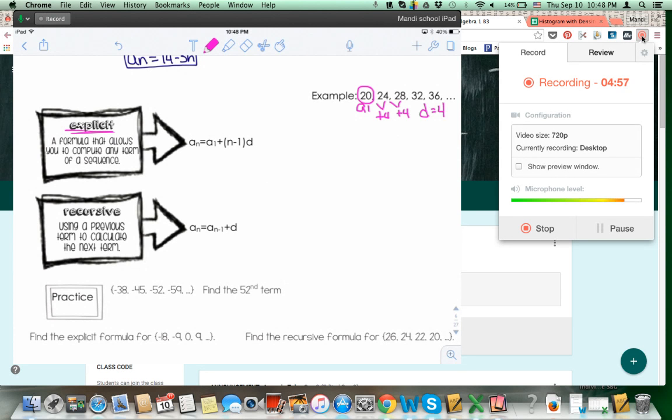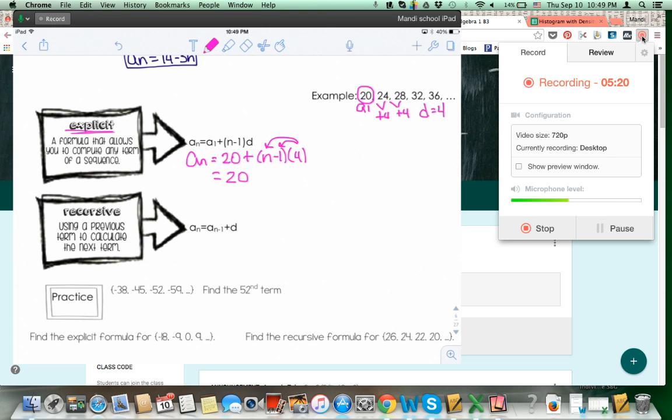Now this is asking for the formula. We don't have an n to substitute in. So a sub n equals a sub 1, which is 20, plus n minus 1 times the common difference of 4. Substitute or distribute that in.